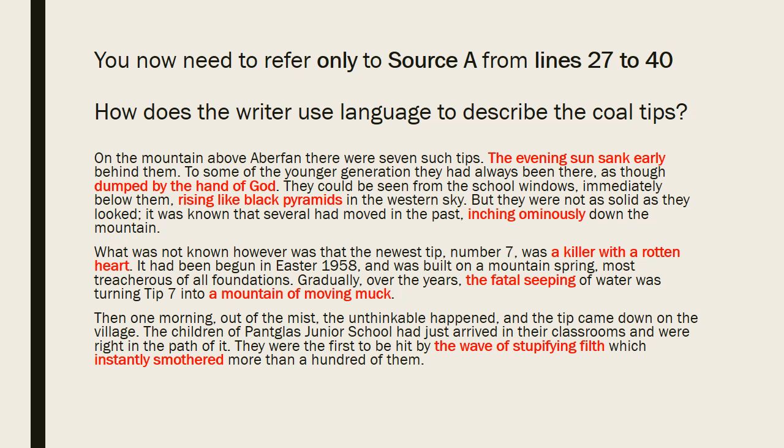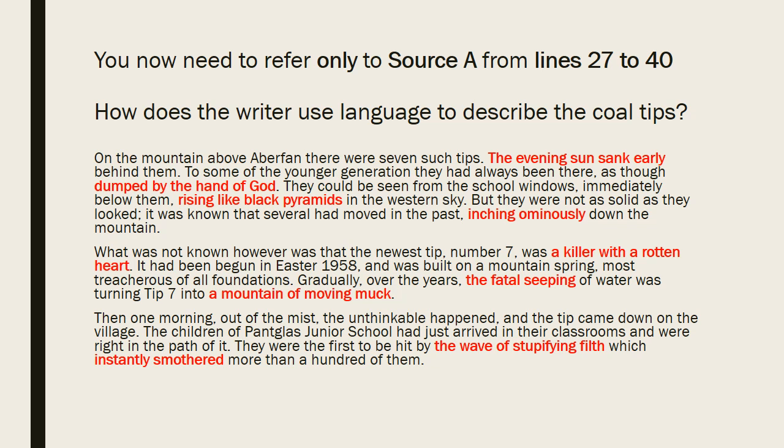Now again, they could be seen from the school windows immediately below them. Now the sentence could stop there and still tell us exactly the same information. But by giving us then that they were rising like black pyramids, we are given more detail through language. It just gives us a broader picture. Okay, the same is true for describing that the movement of the tips was them inching ominously.